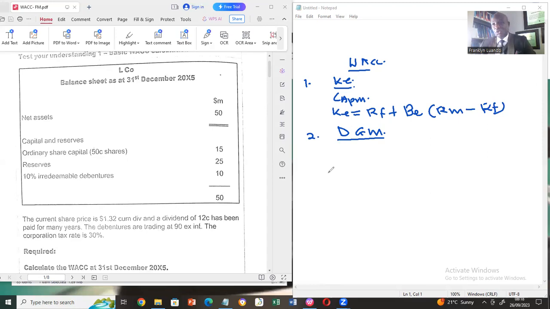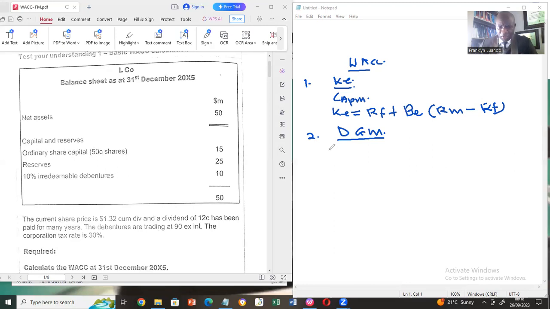So we have two situations. There is annual dividend growth: when dividend is paid, it keeps on increasing. But where dividend is paid at a constant amount, there is no growth.